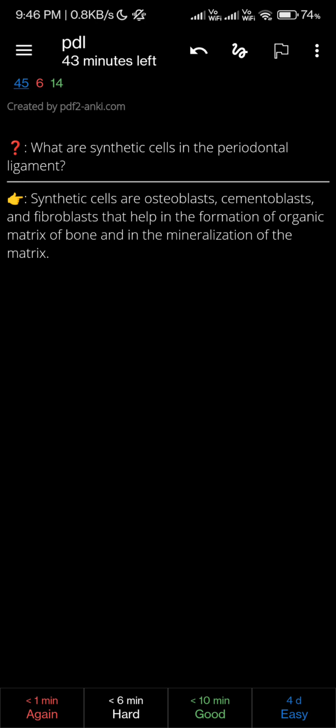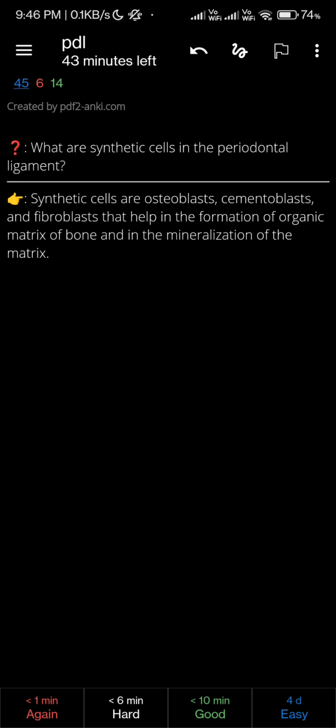What are synthetic cells in the periodontal ligament? Synthetic cells are osteoblasts, cementoblasts, and fibroblasts, and they help in the formation of fibers and the organic matrix of the periodontium.